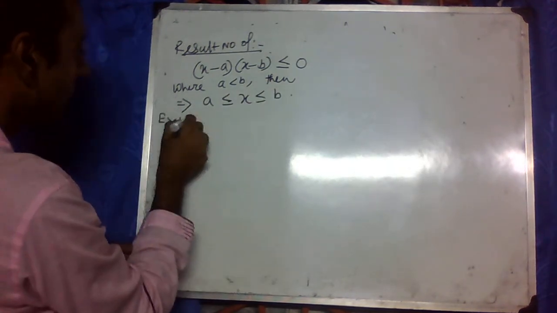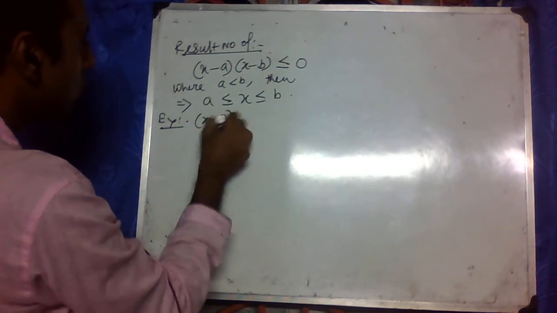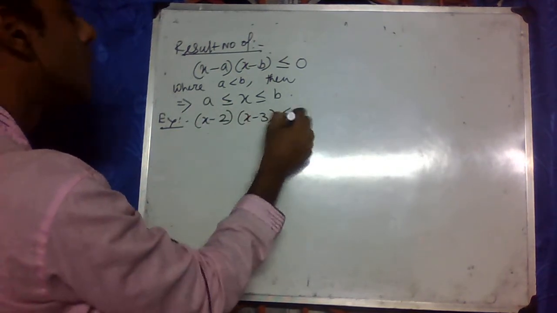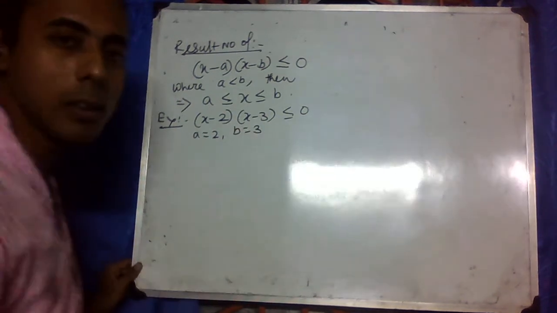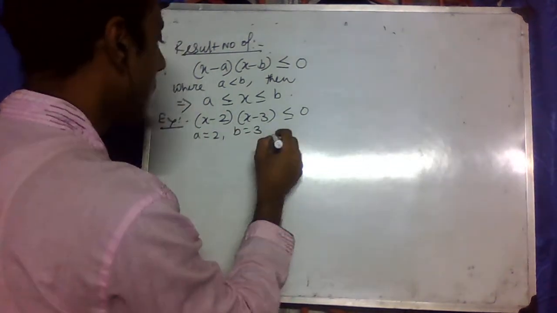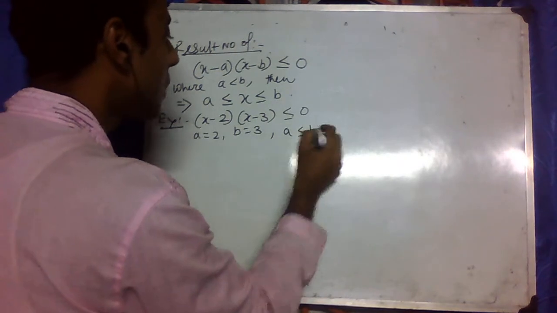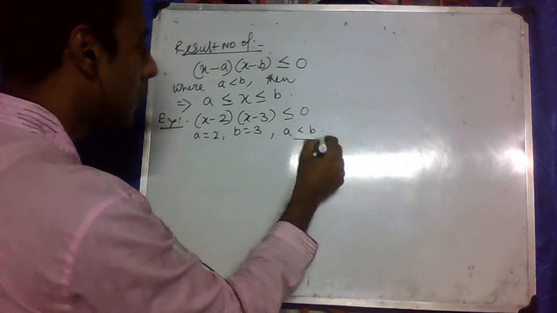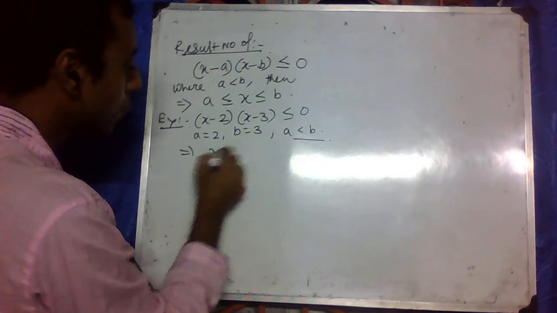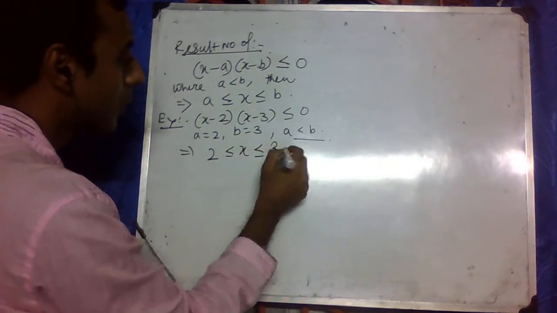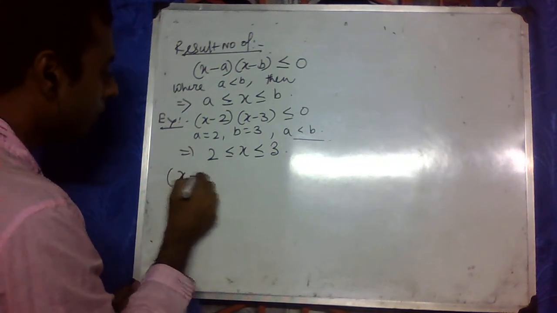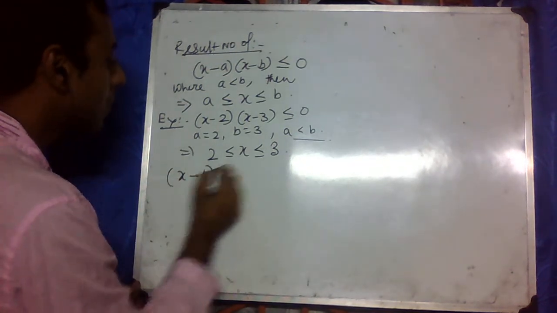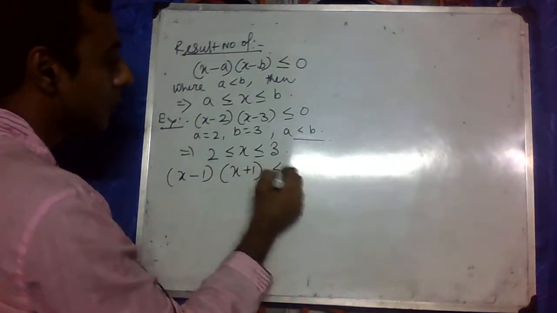Example: (x minus 2)(x minus 3), so a is equal to 2, b is 3, a less than b, so this implies 2 less than or equal to x less than or equal to 3. Next, (x minus 1)(x plus 1).